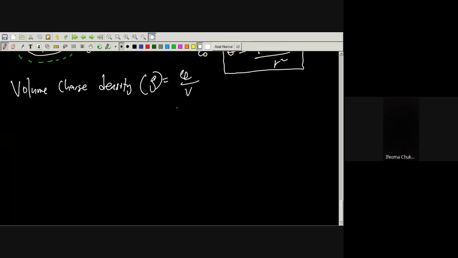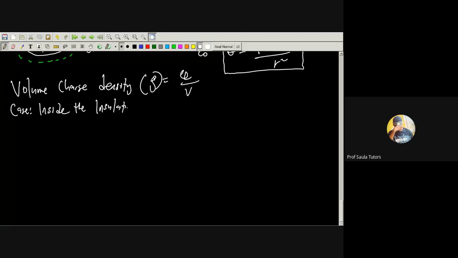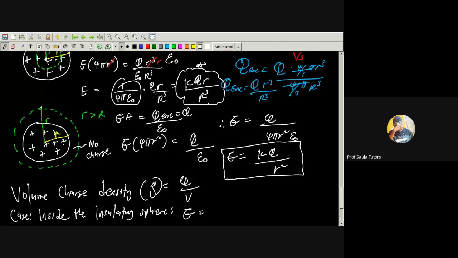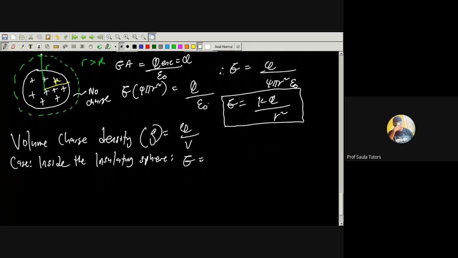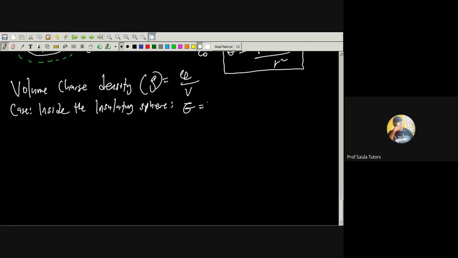Now let's look at case 1, inside the insulating sphere. What's the formula that we proved? We said E equals what? Do you remember? Inside the insulating sphere, E equals KQr over R cube.